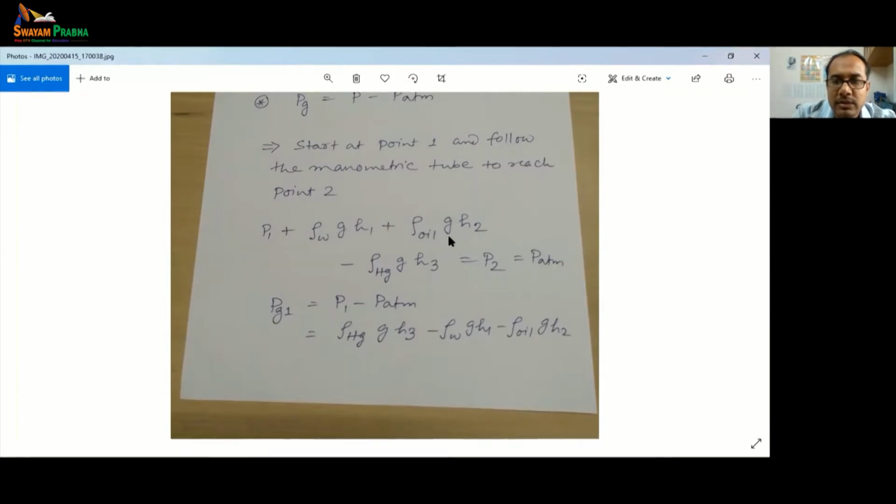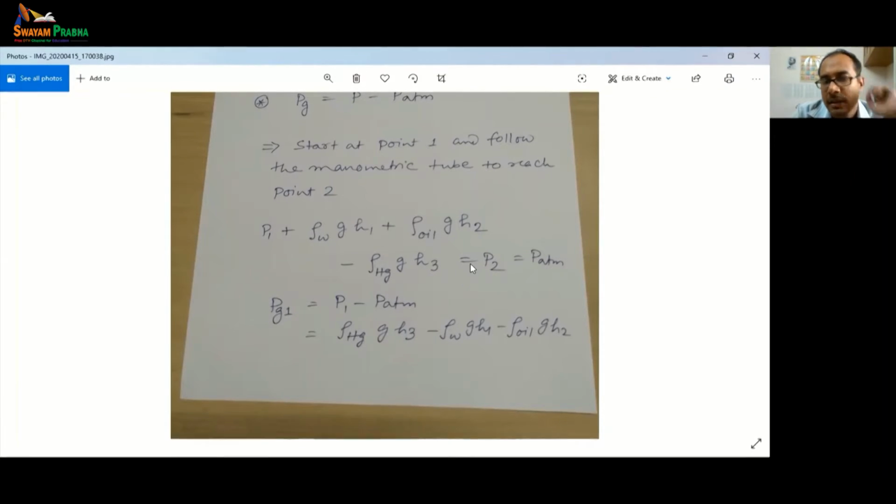Again rho oil g into h2, and for the next part, for the mercury column, now we are going up, so that is why we have a negative sign here. This negative sign tells that we are going up by height h3, and the column is now made of mercury, so we have to use rho of mercury.